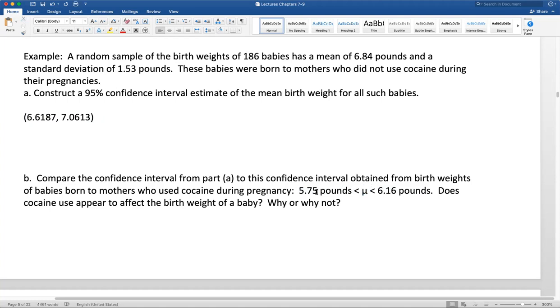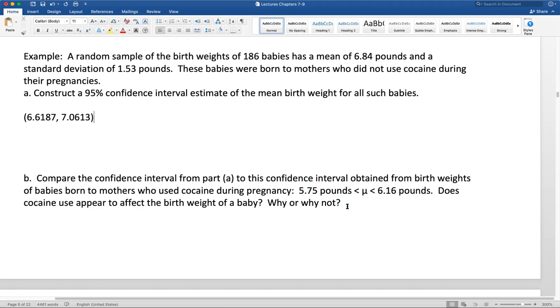So based on the sample statistic, we are confident that the population mean birth weight of babies born to mothers who use cocaine during pregnancy is less than the population mean of the birth weights of babies born to mothers who did not use cocaine during their pregnancies.